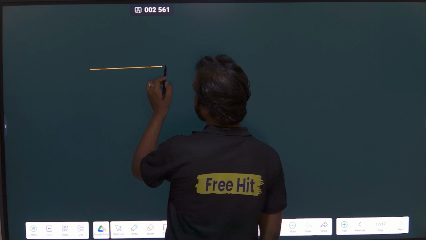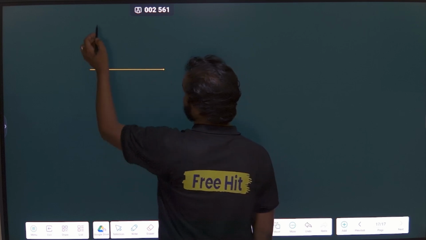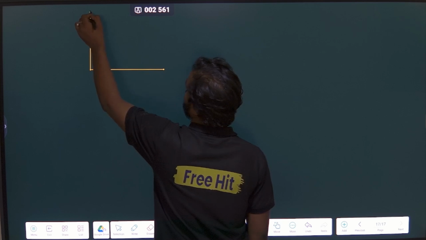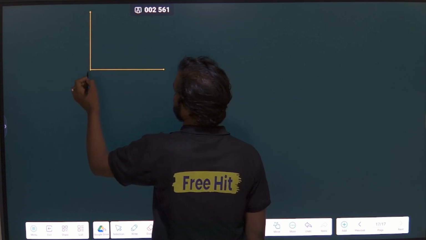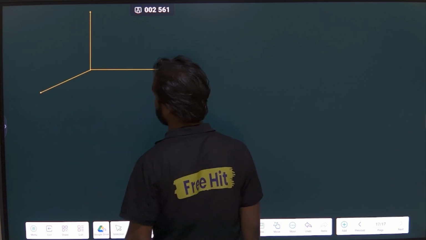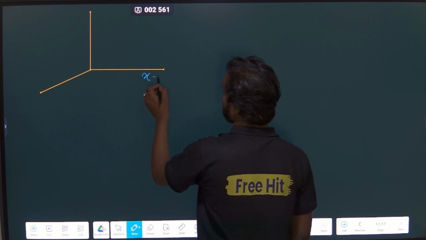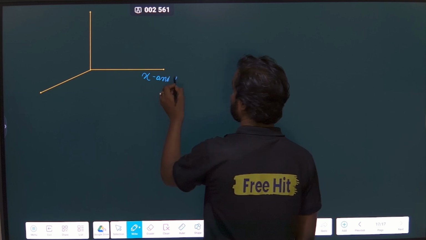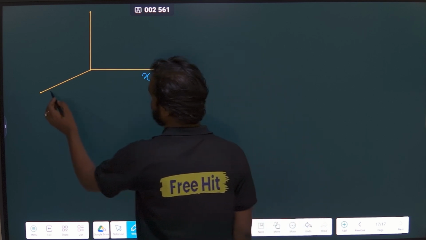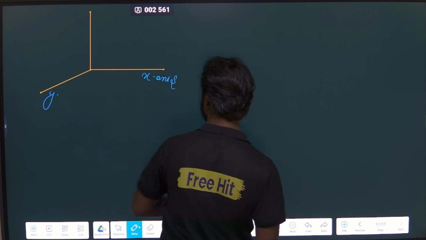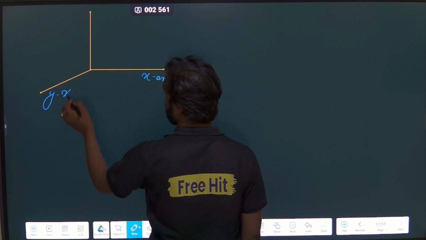Okay, this is our x-axis, this is our y-axis, and this is our z-axis.